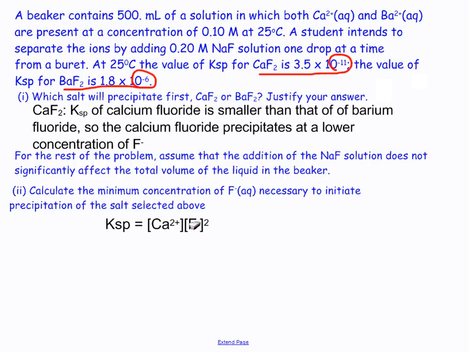So I could write an ICE problem for this, but I'm not even going to. 3.5 times 10 to the negative 11th divided by 0.1, and then square root it. That's my fluoride ion concentration. Now pause and try the problem in the next block.